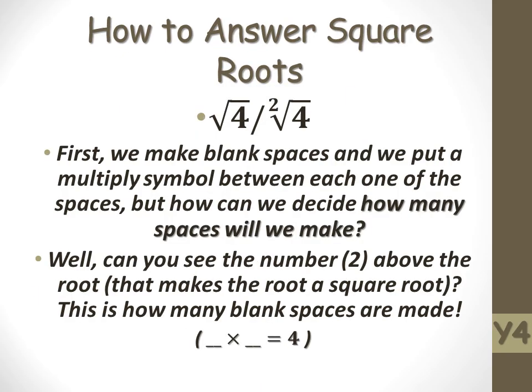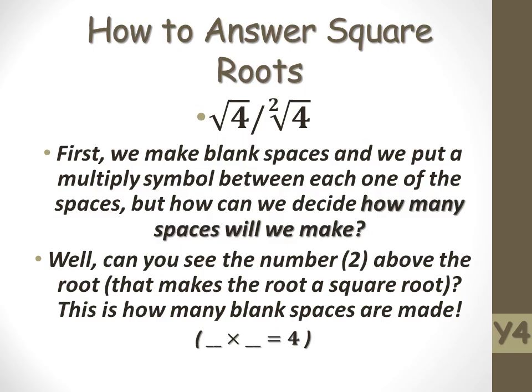So, first, how do we answer square roots? We make blank spaces and we put the multiply symbol between each one of the spaces. So how do we decide how many spaces we will make? Well, can you see the number 2 above the square root?